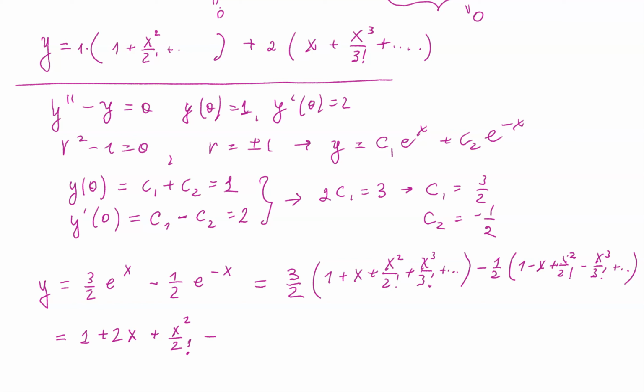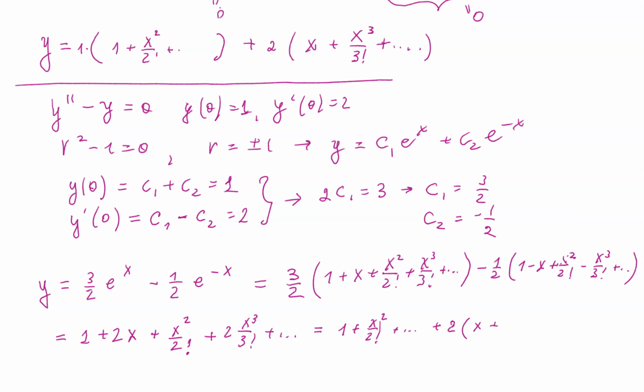And I'm going to do one more. So this one, cube, it's 3 over 2, and this one is minus minus plus 1 over 2. So it's going to be plus 2x cubed over 3 factorial. And there are going to be more terms. What I'm going to do, guys, I'm going to put terms with 1 up front, and terms with 2 kind of in parentheses.